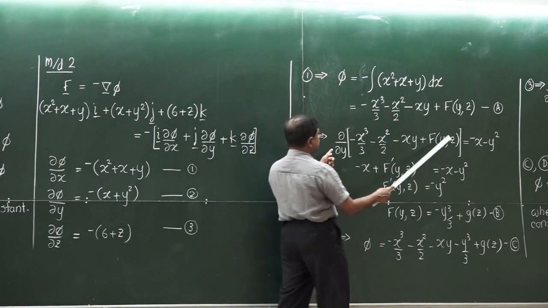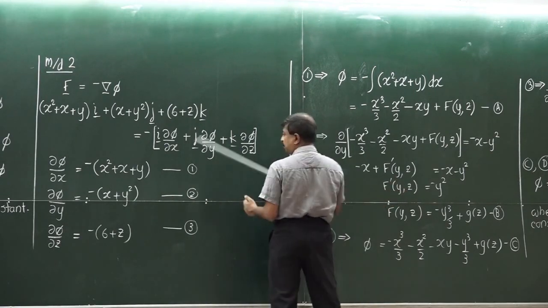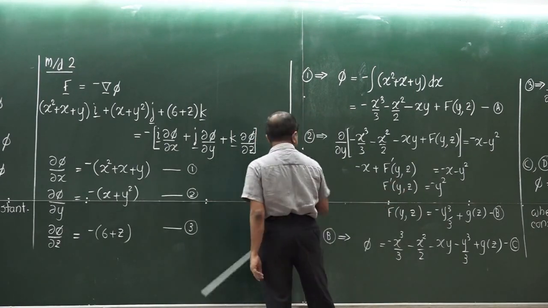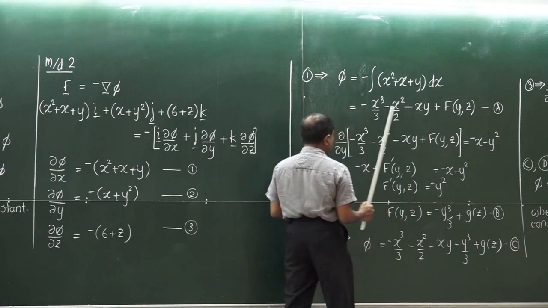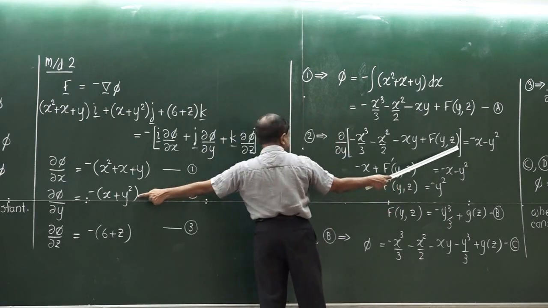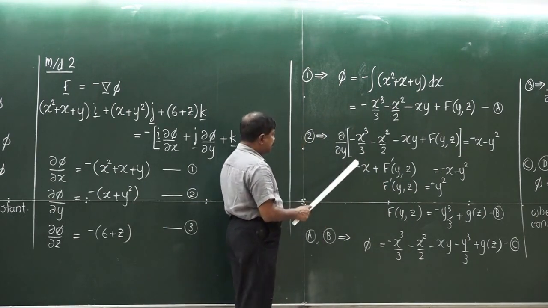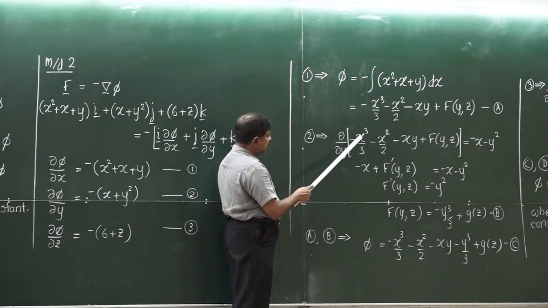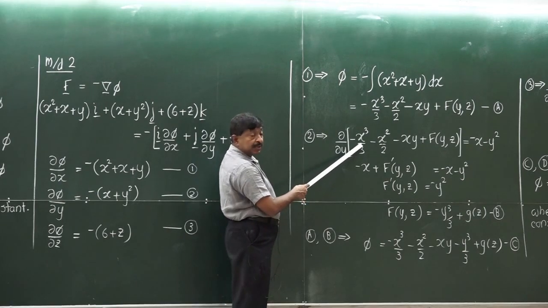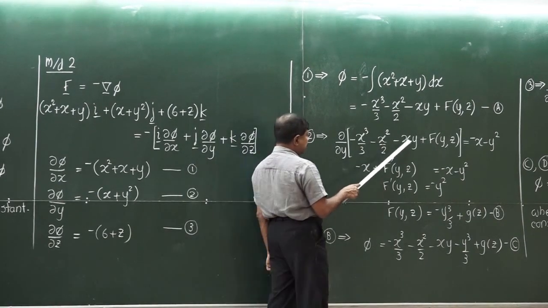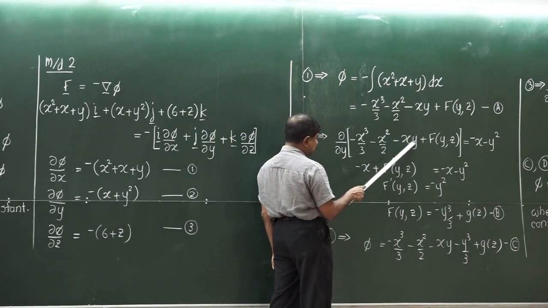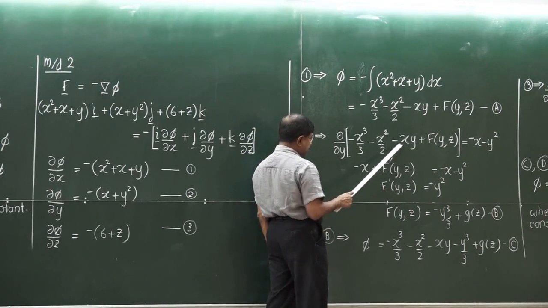So, this is equal to minus 6 minus y squared, right. Now, when you differentiate this partially, this is 0, because it is free of y. When you differentiate this with respect to y, you have minus x.